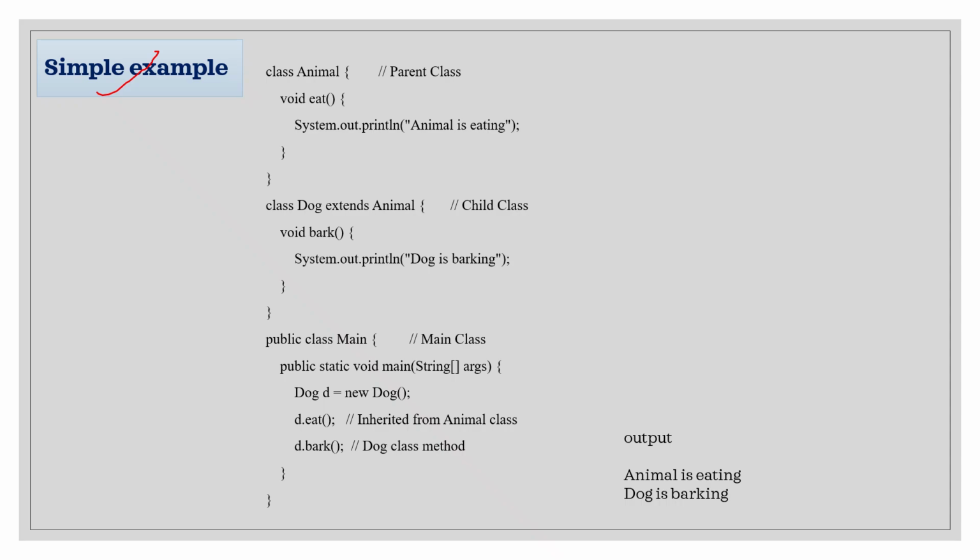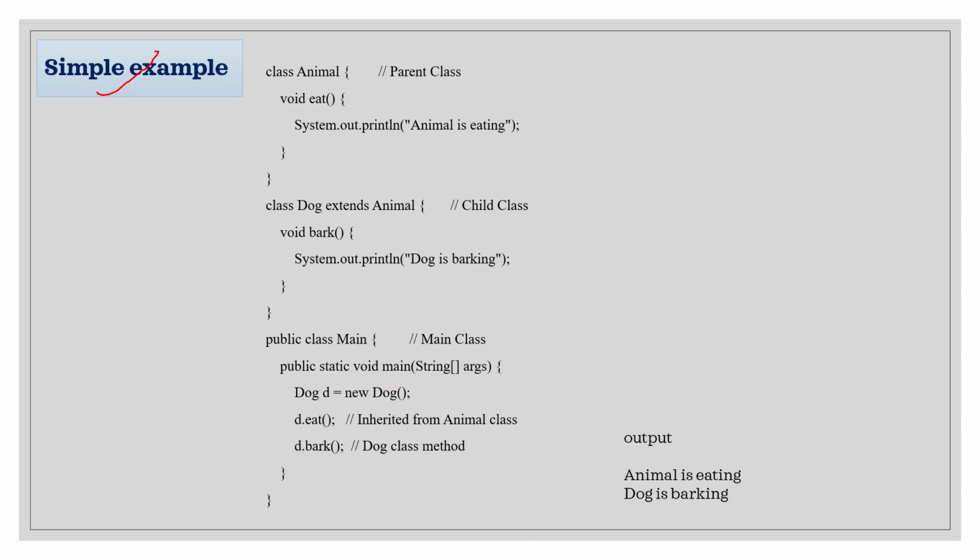And one more important thing is, when you see the code, don't think, oh my god, this looks difficult or this is a very big program. Actually, this is one of the simplest and easiest programs. If you understand the logic clearly, you can understand inheritance very easily. So first, stay relaxed and focus on the concept.